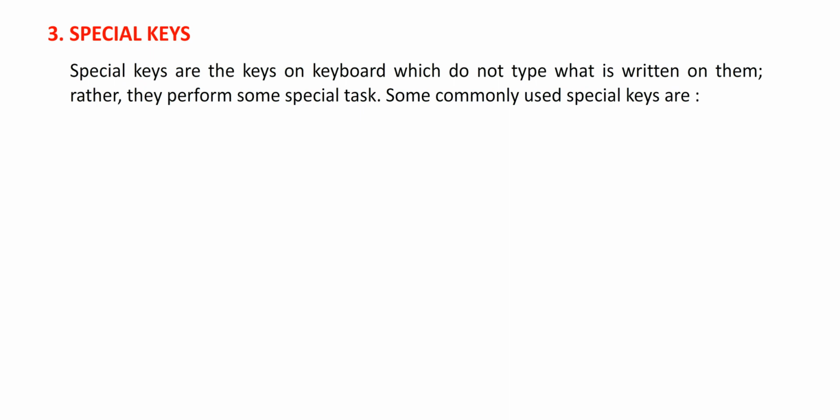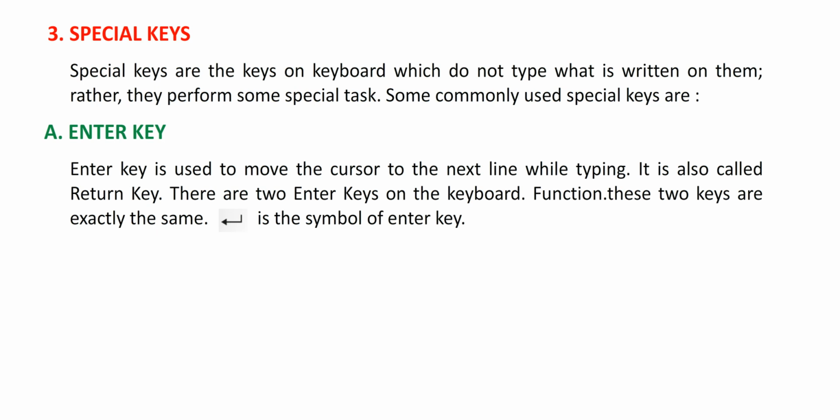Third, special keys. Special keys are keys on keyboard which do not type what is written on them. Rather, they perform some special task. Some commonly used special keys are Enter key. Enter key is used to move the cursor to the next line while typing. It is also called Return key.